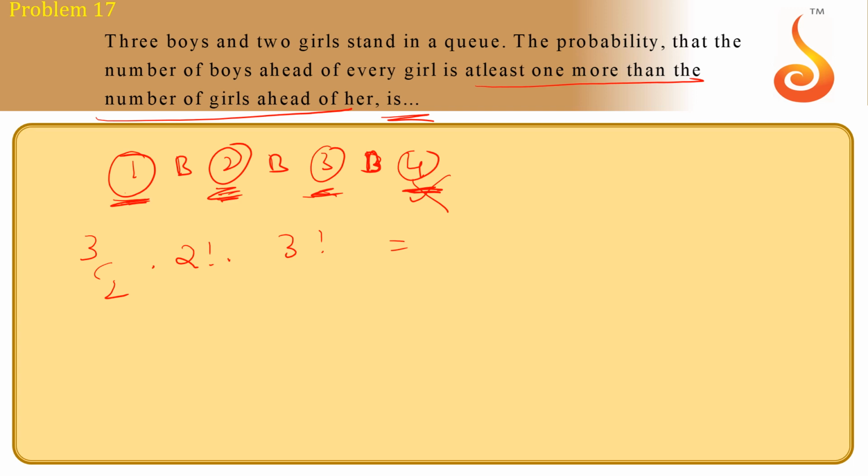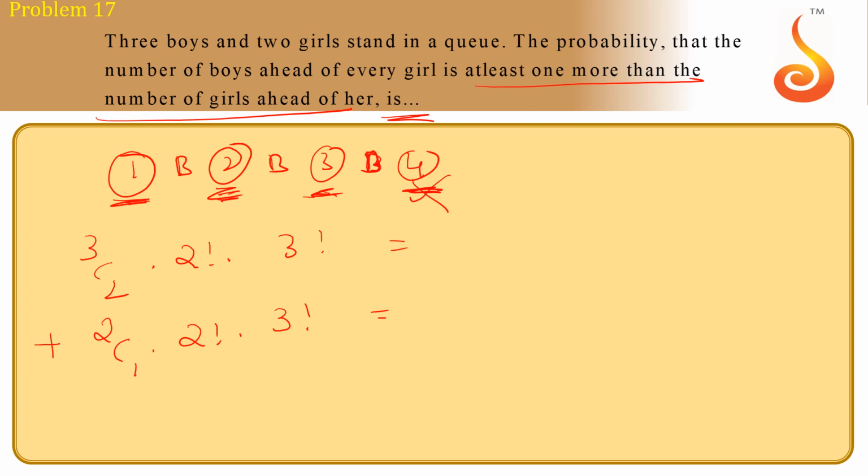Or there is another chance also, that is, in the first 2 places you select any one place and ask the girls to sit there and arrange among themselves. Then boys can be arranged in 3 factorial ways.